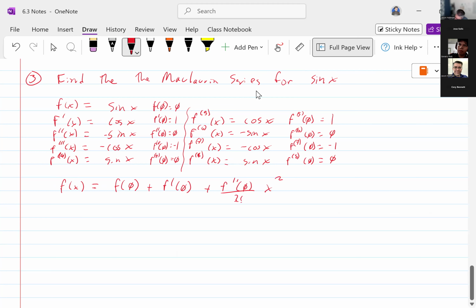Great. Plus f triple prime of 0 over 3 factorial x cubed. Okay, plus the fourth derivative of f at 0 over 4 factorial x to the fourth plus dot, dot, dot.